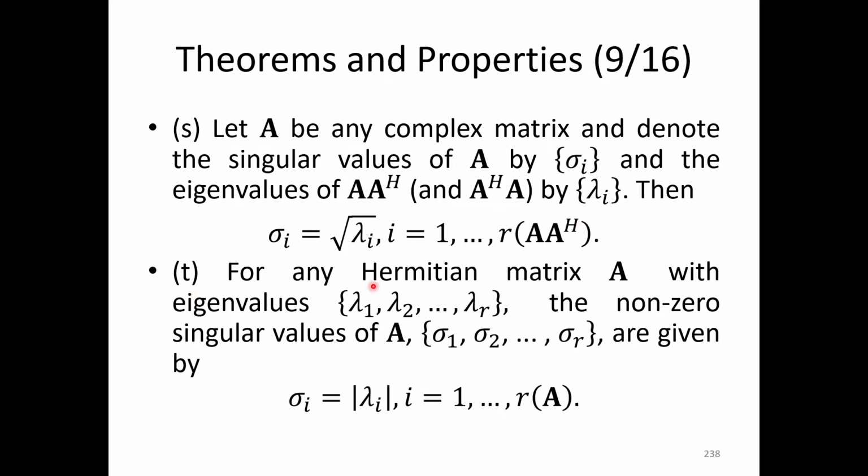Theorem: for any Hermitian matrix A with eigenvalues lambda 1, lambda 2 to lambda R, the non-zero singular values of A, sigma 1, sigma 2 to sigma R, are given by sigma I is equal to the absolute value of lambda I, where I is equal to 1 to the rank of A.